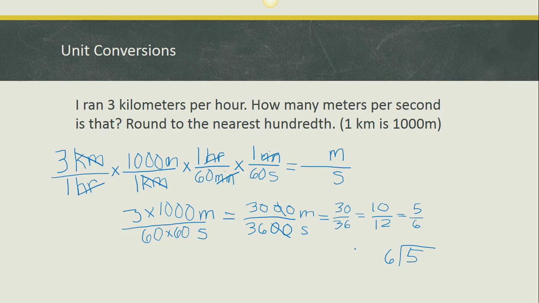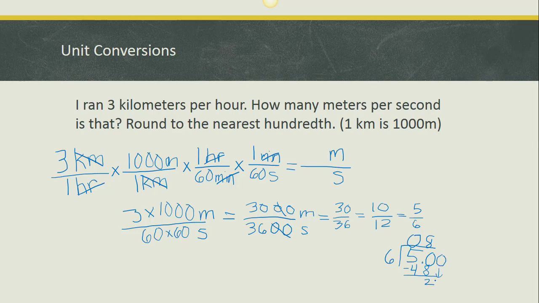How many times does 6 go into 5? It doesn't. So we're going to have to add a decimal and a 0. How many times does 6 go into 50? 8 times. 6 times 8 is 48. Subtract gives you 2.